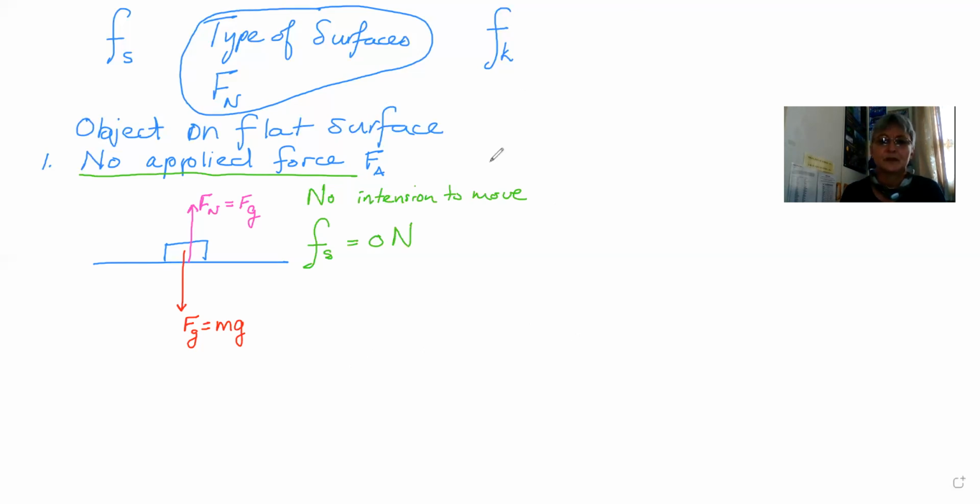The next example is where the object is on the flat or horizontal surface and there is an applied force.